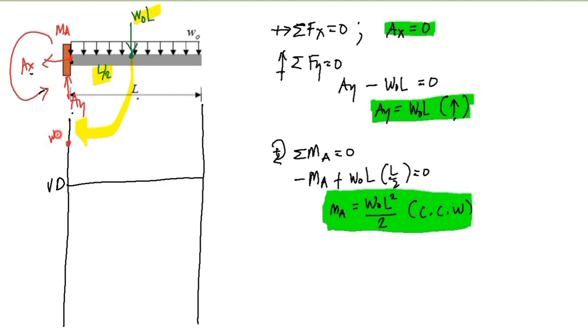Ngayon, since meron tayong load, yung area natin dito, area 1, is the resultant of the load. Ang gagawin natin, itong shear natin na WOL, bawasan lang natin ng area 1 which is WOL. WOL minus WOL is equal to 0.